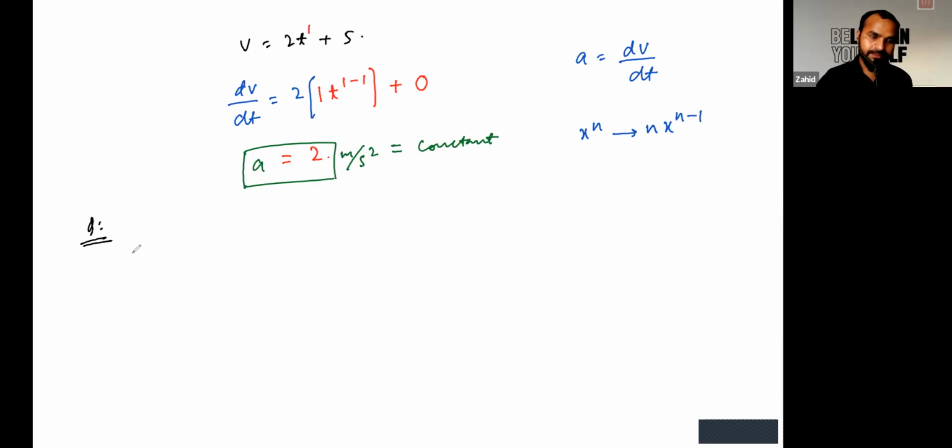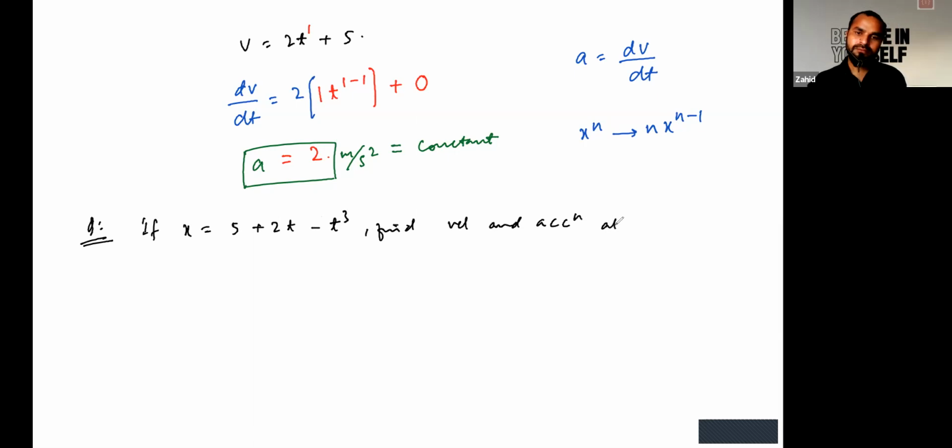Just write this. I'm giving you one problem to solve. Here x is displacement and t is time.